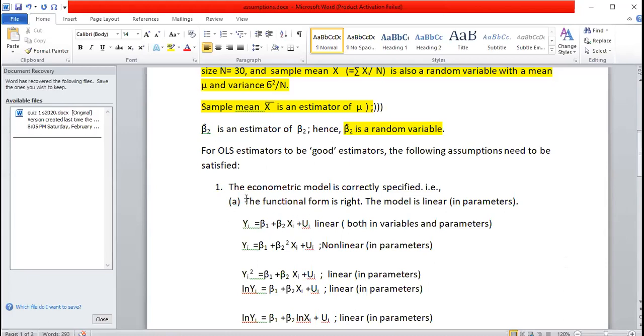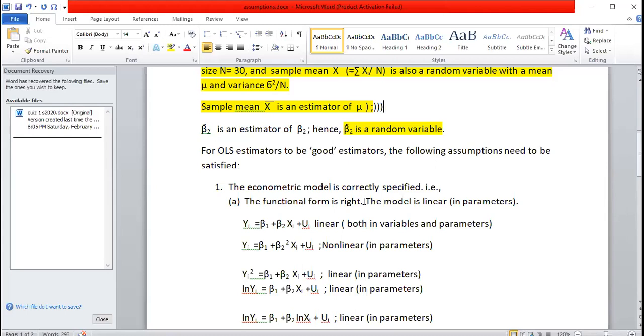First assumption, the functional form is right. Functional form is right means if it's really a linear relationship between x and y, it has to be linear. If it's nonlinear, quadratic, cubic, you have to write quadratic, cubic. So basically, when they say functional form is right, we assume that the model is linear in parameters.